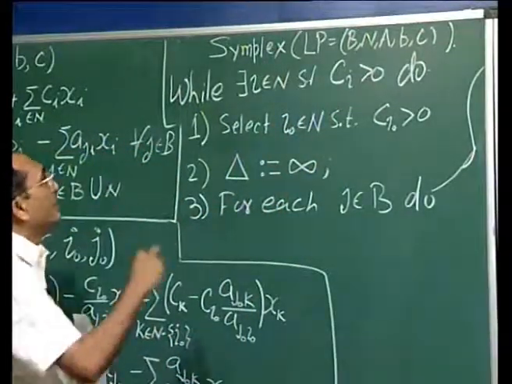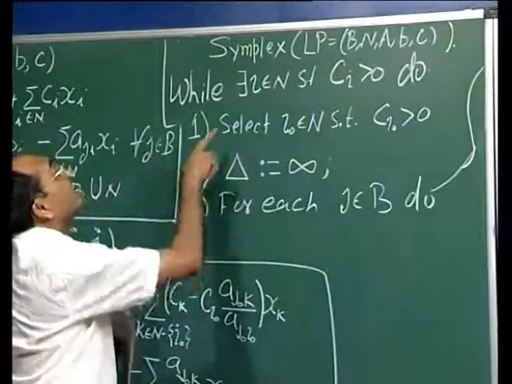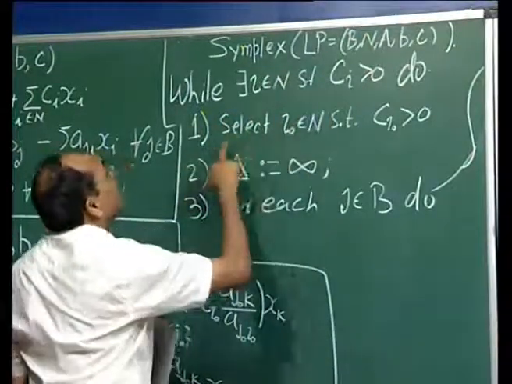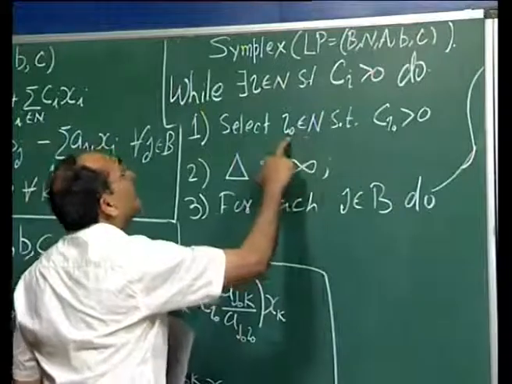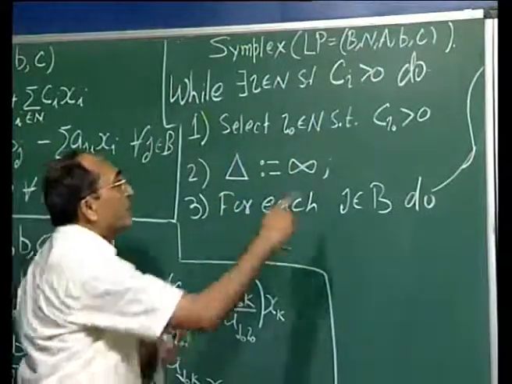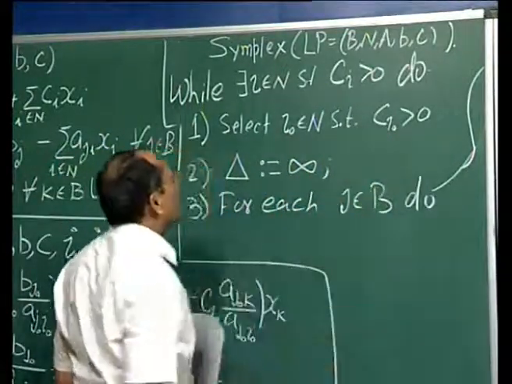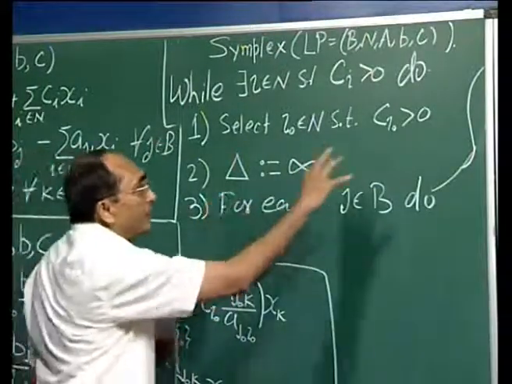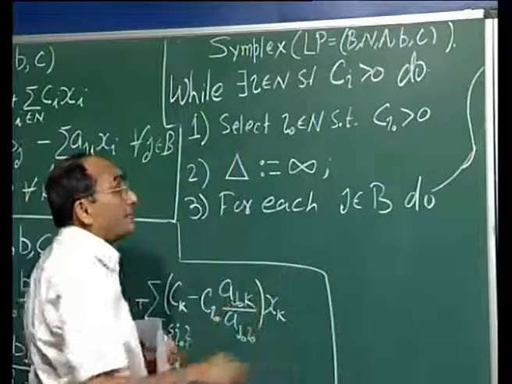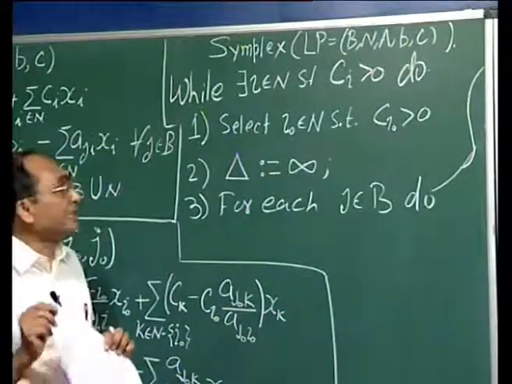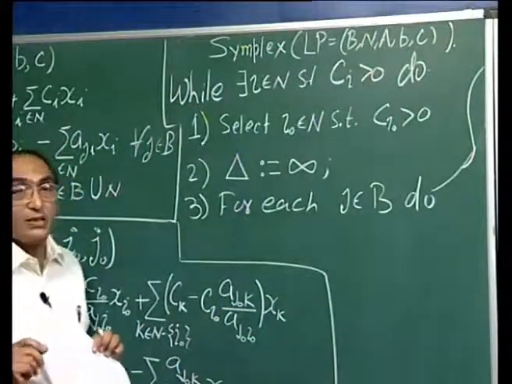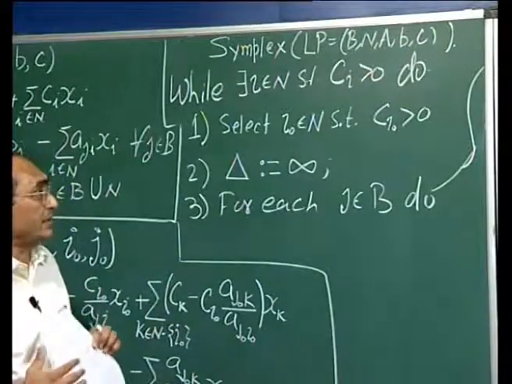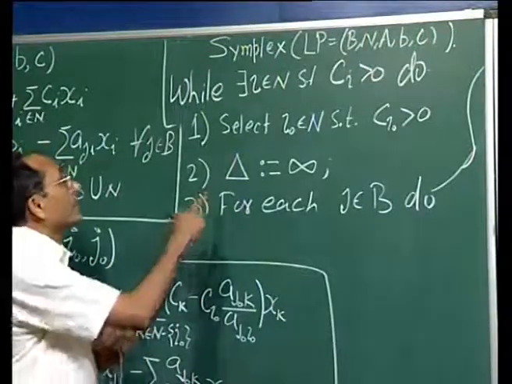If we have at least one such i, then we select such an i. Let us say it is I0. So, we have selected an I0 where Ci0 is positive. Now, the next steps are essentially to select a corresponding J0 subject to a condition that we had discussed last time. So, let us just go through that.